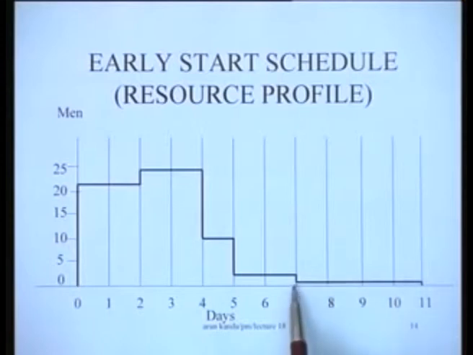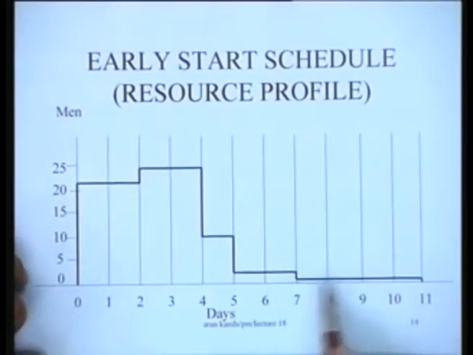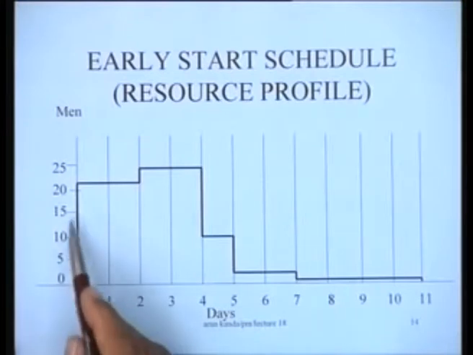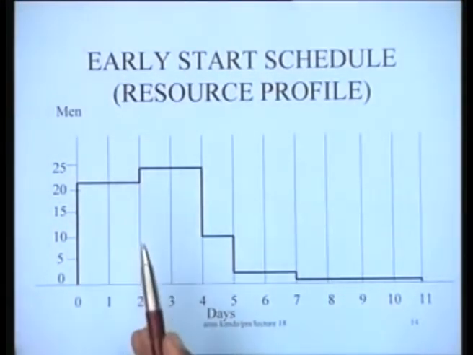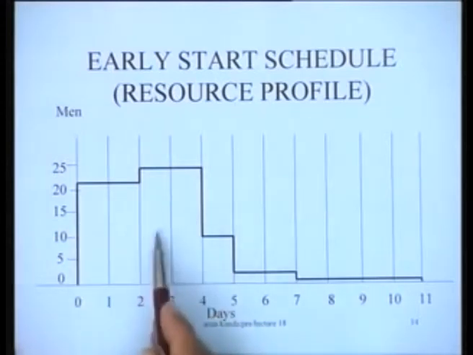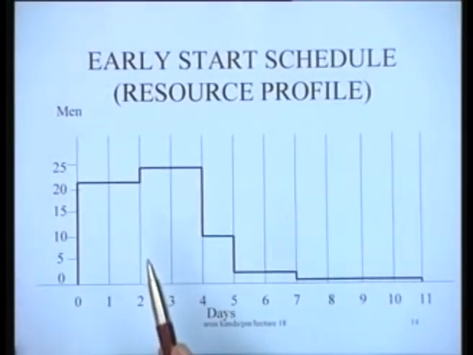There's only one man needed from day 7 to 11 as far as this particular project is concerned. So it's a highly imbalanced kind of profile, because in an early start schedule you expect that most of the resources are going to be consumed early, and during the later half you are not using many of the resources. So this is what is typical.